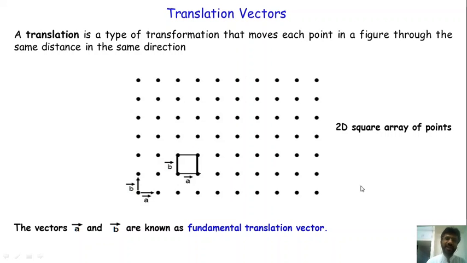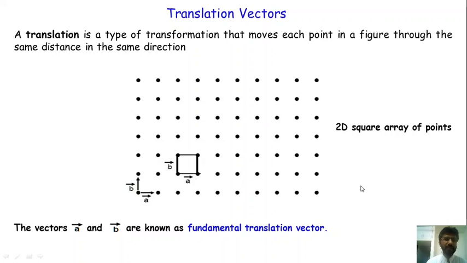Now if we consider the distance between two points along the x-axis as vector A, and the distance between two points along the y-axis as vector B, and if we connect these points, then there is the formation of a two-dimensional square array.